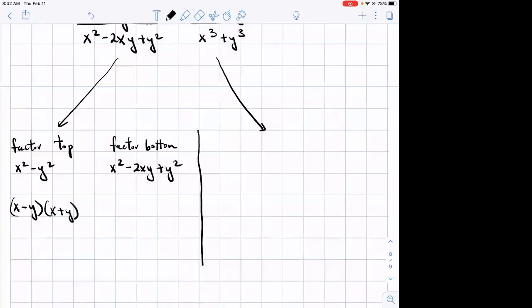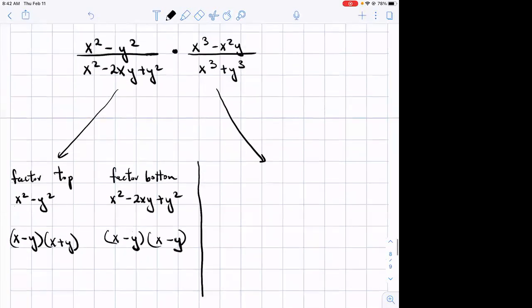If we factor this bottom here, which is a quadratic form, we have x minus y and x minus y, because a minus y and a minus y give us positive y squared. So that's my left side.